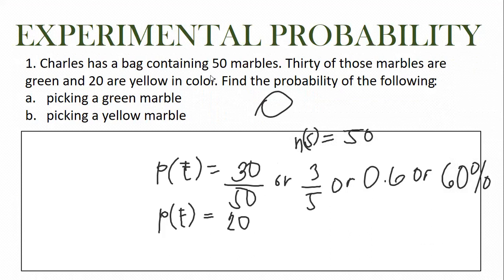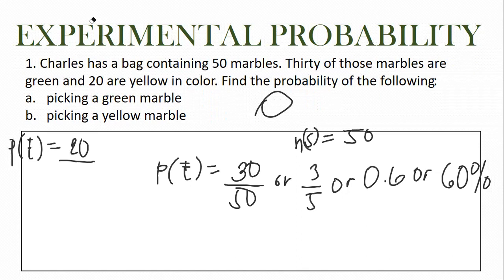P of E is equal to 20 yellow marbles divided by possible outcomes.